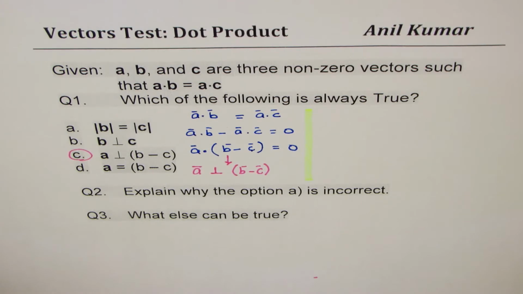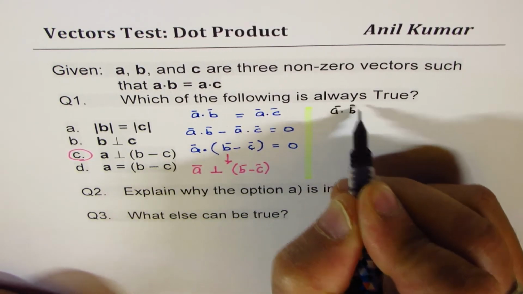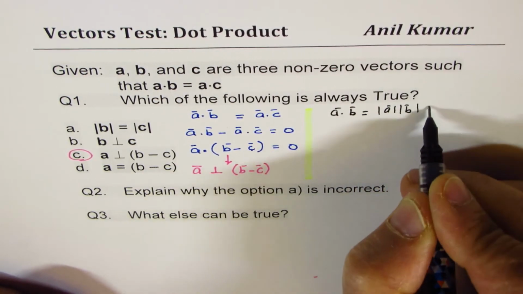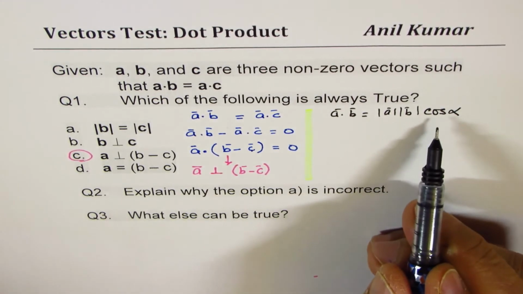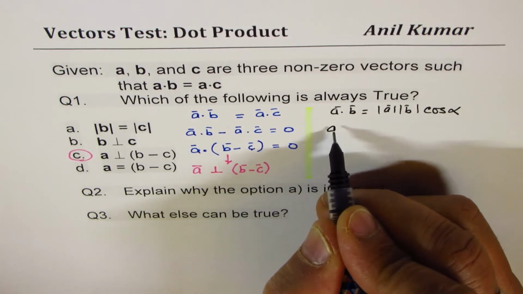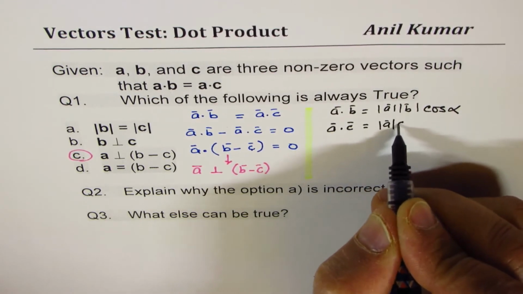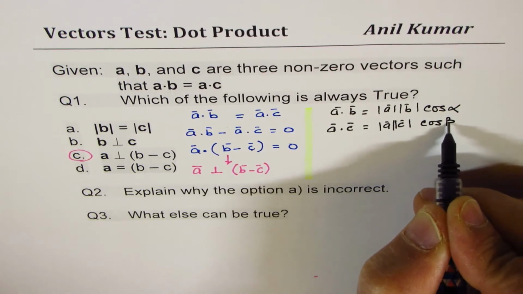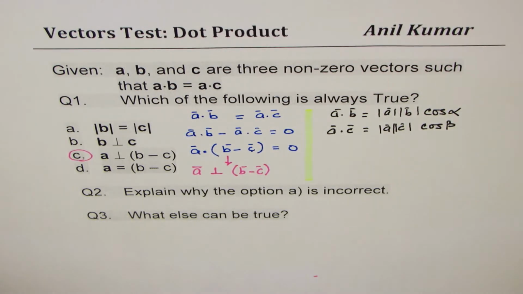At times, for dot product, we write A dot B as equal to magnitude of A times magnitude of B times, let's say, cos of alpha, where alpha is the angle between A and B. Now if I say A dot C, it will be magnitude of A times magnitude of C times, let's say, cos of beta, where beta is the angle between A and C.